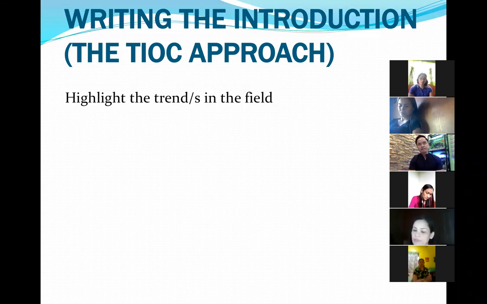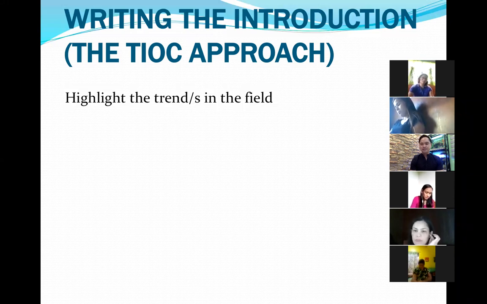So if your second topic is about academic achievement, you should also have paragraphs that are related to academic achievement. In short, my dear students, when you write the introduction, please do not forget to discuss your variables. Kung ano lamang po yung variables ninyo, yun lamang po ang i-discuss ninyo.